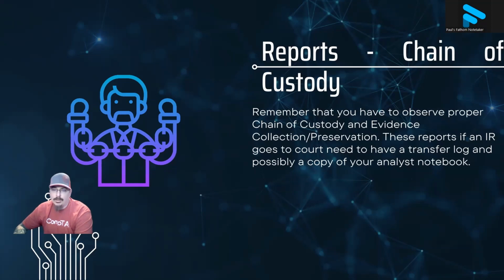When these reports, if an IR goes to court, you have to have a transfer log and possibly even a copy of your analyst notebook, which really comes in handy for your personal scribe, using something like a timekeeper when you are hands-on keyboard pen testing this VM. That way, when you present in a court, you can show without a doubt that it is you doing all those steps.